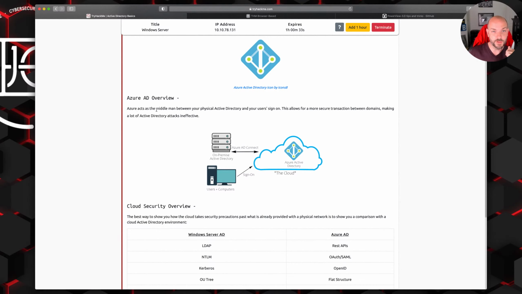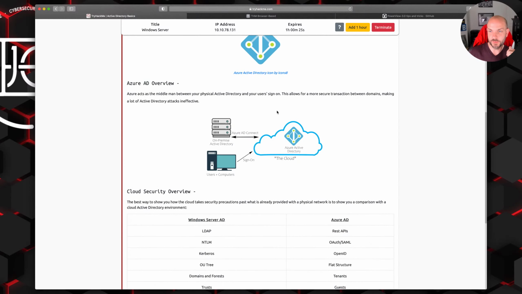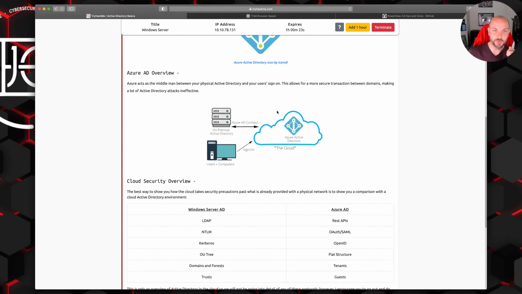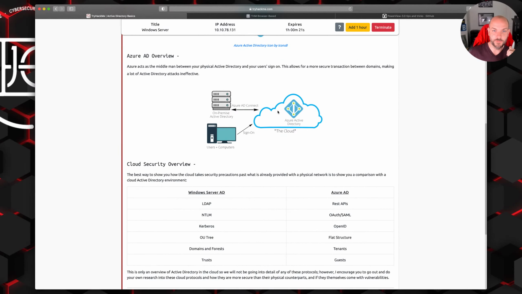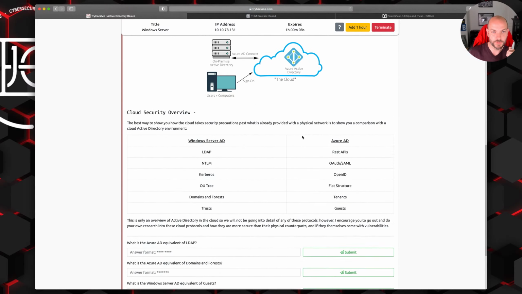So Azure acts as a middleman between your physical Active Directory and your user sign-on. This allows for more secure transactions between domains, making a lot of Active Directory attacks ineffective. So you have users going to sign on through Azure Active Directory. There's Azure AD Connect to on-prem Active Directory, and they do some magic back and forth there.